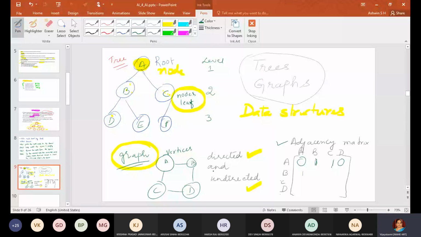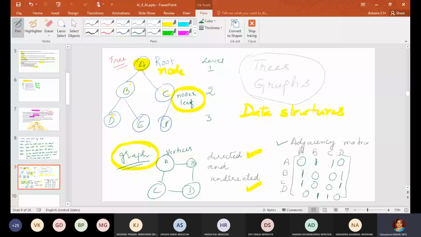Then for B, A and D are connected. For A and D it is 1, the rest is 0. For C, A and D, it is 1, the remaining 2 are 0. For D, B and C are 1.